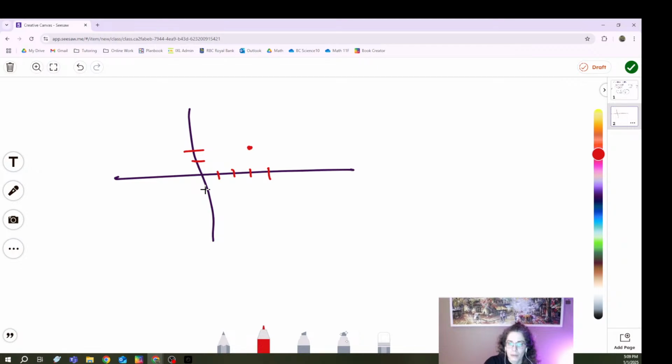How would I write the equation of the line for this one? What's the formula for a linear equation? Okay, so if we have y equals mx plus b, looking at this very badly drawn graph that I did, how do we write the equation of this line?